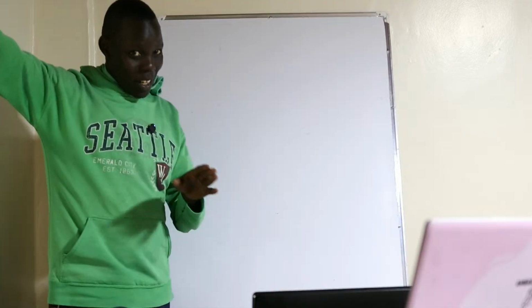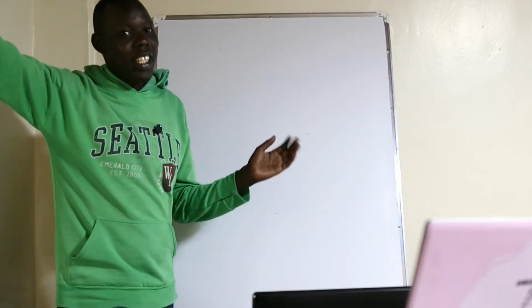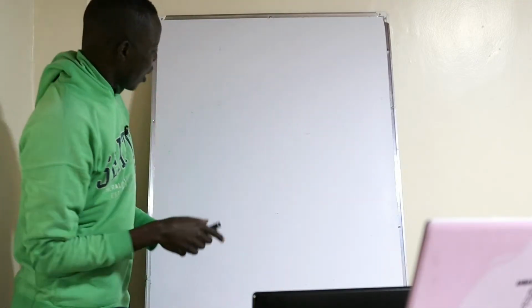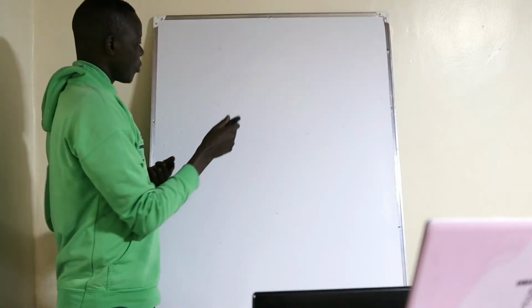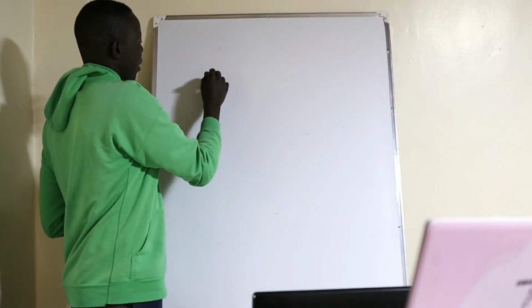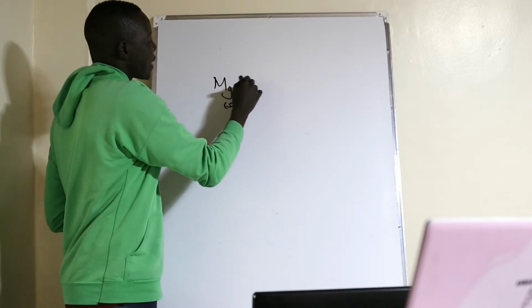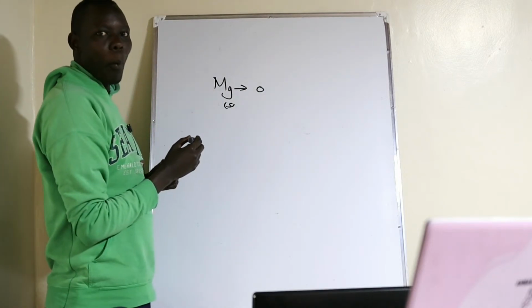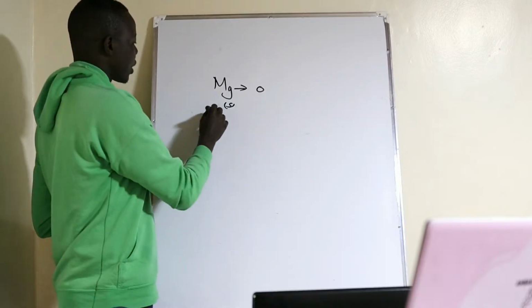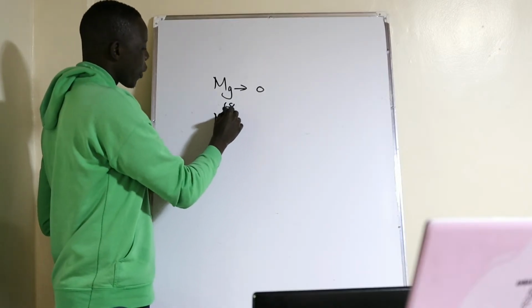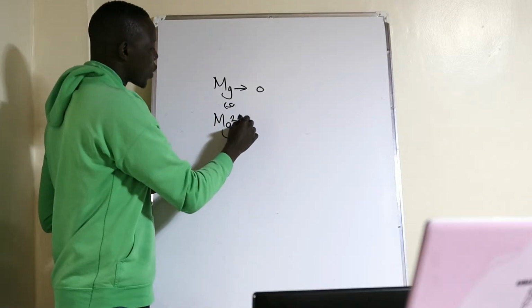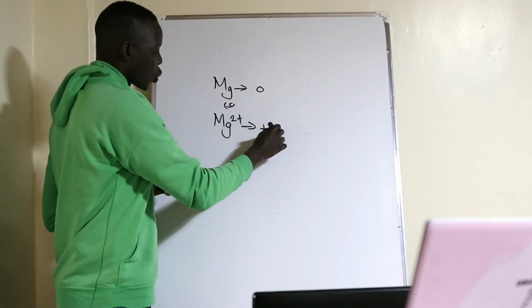For example, I'm sorry to start this, but I'm just tempted. Look at magnesium. Magnesium solid, its oxidation number is 0. When it loses electrons, it becomes an ion, magnesium 2+. Its oxidation number becomes +2.